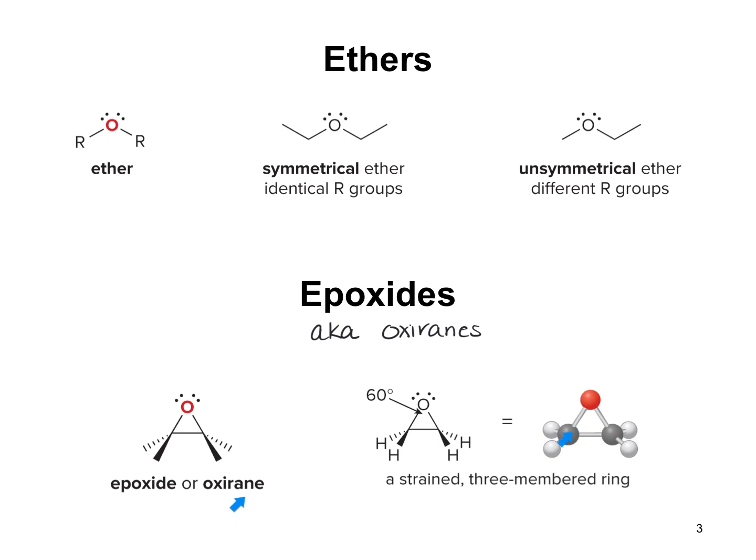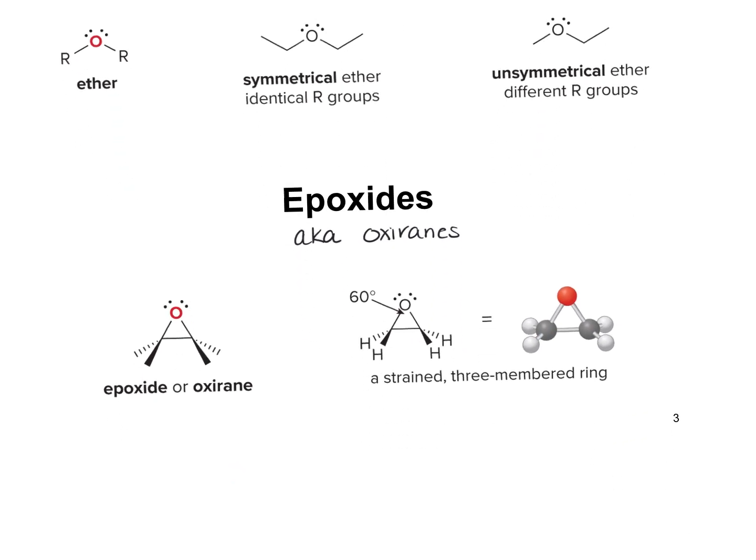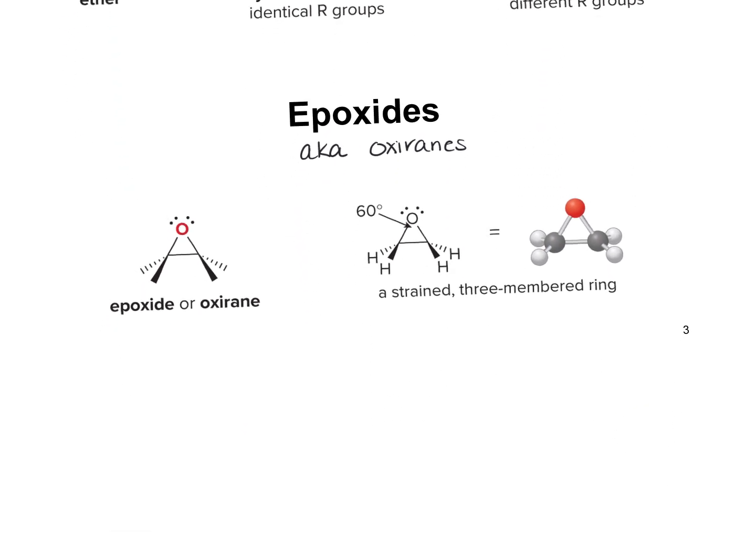Now, when we talk about these, that's a really strained ring. And what we see here is the carbon-oxygen-carbon bond angle here is 60 degrees.